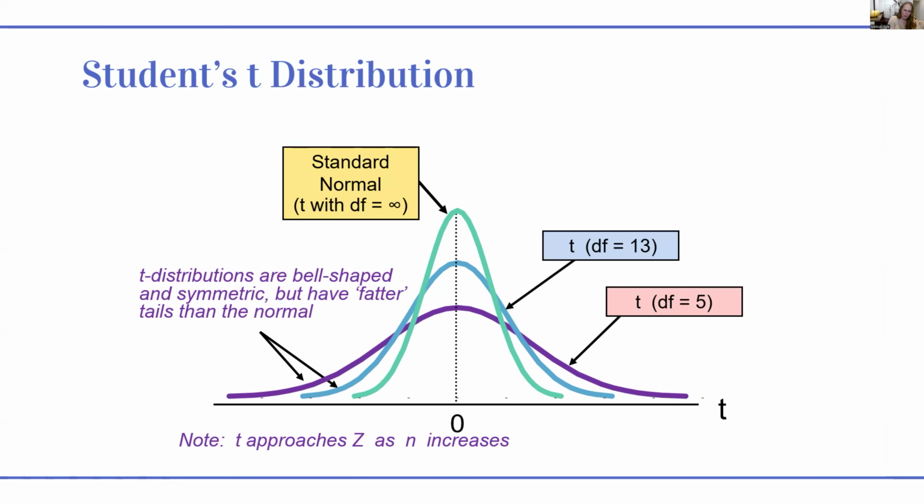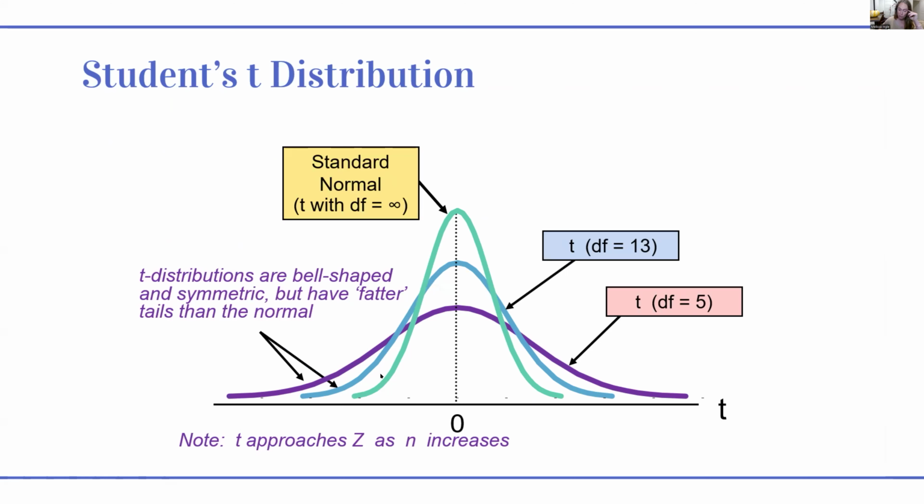So let's take a look at these t distributions. All these distributions are bell-shaped.